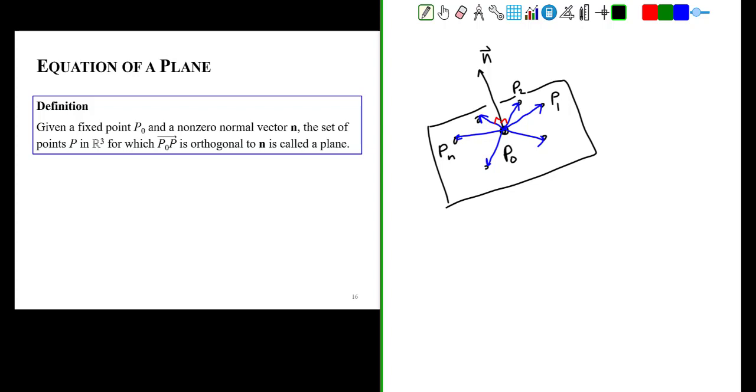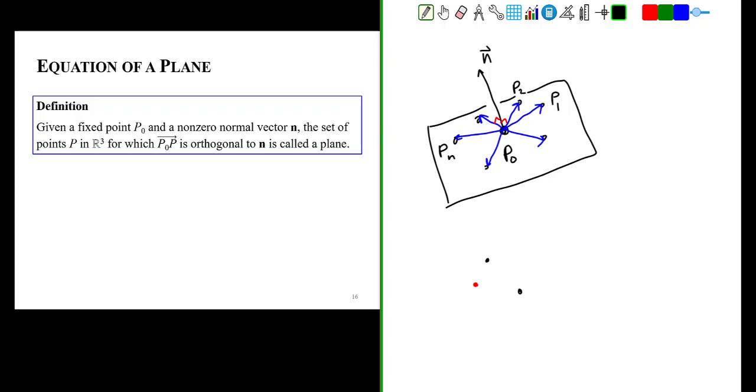And to have this definition work, we're going to see that all we really need are 3 points in space to define a plane. 1 point, 2 points, 3 points.